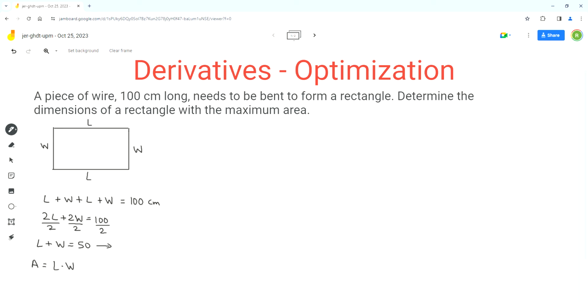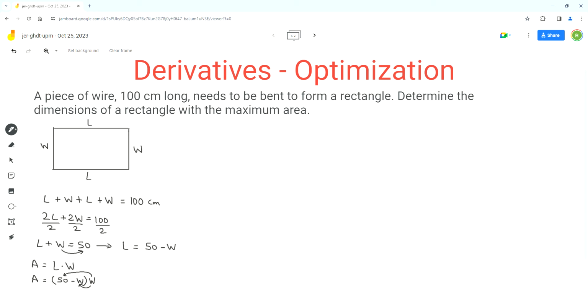So for that we'll have to move W to the right side of the equation. So we get L equals 50 minus W. Now we can do the substitution for L in the area equation. So we get area equals 50 minus W times W. Now we can distribute the W into the parentheses.